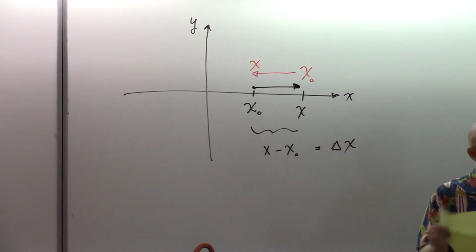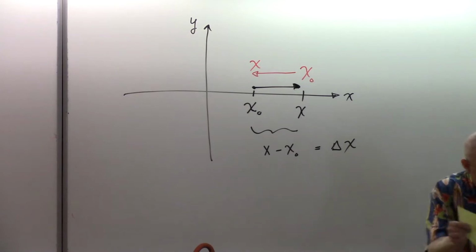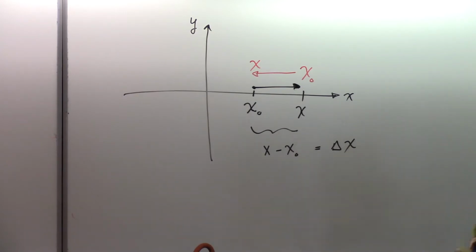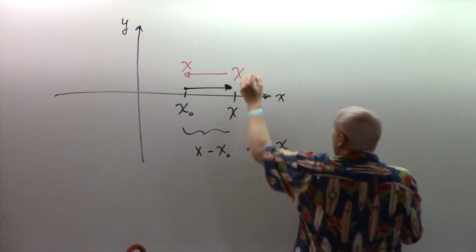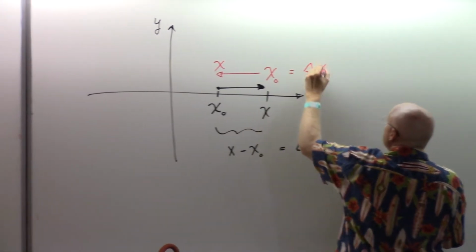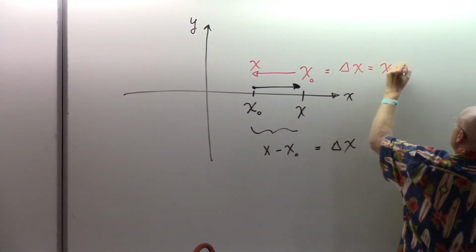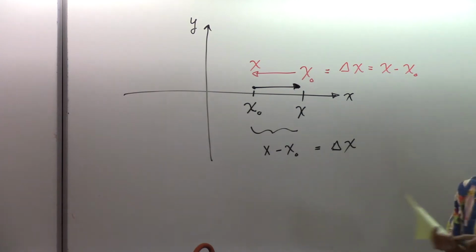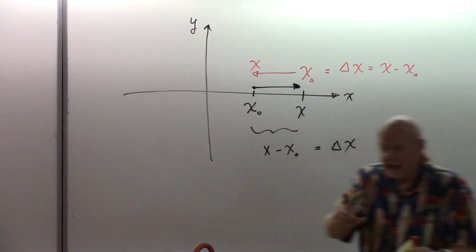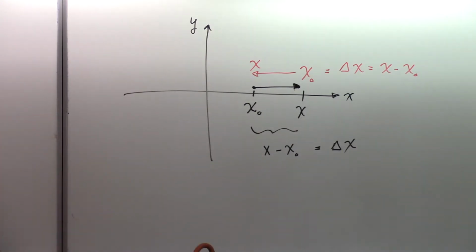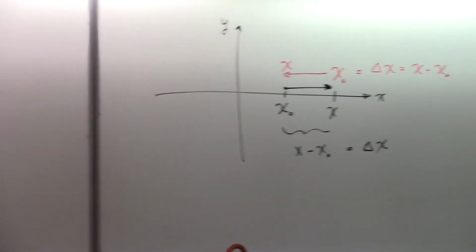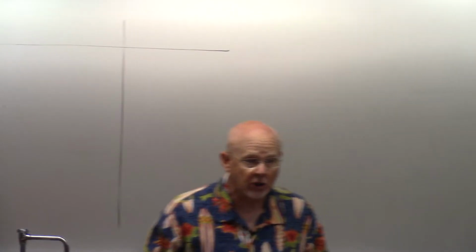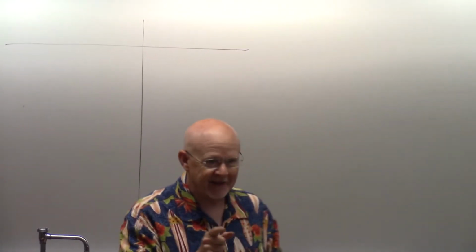I might still ask this question, what's its displacement? Where did it go? And it's the same math. I would just say, okay, delta x is the x minus x naught. So whether it moves left or right, that's not going to change my thinking about how do I calculate its displacement, how do I calculate how far it moved. All I do is I take its current location and subtract its initial. But do you see how you'd get a negative number for this one?